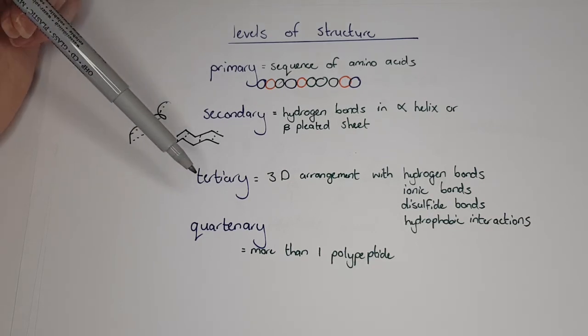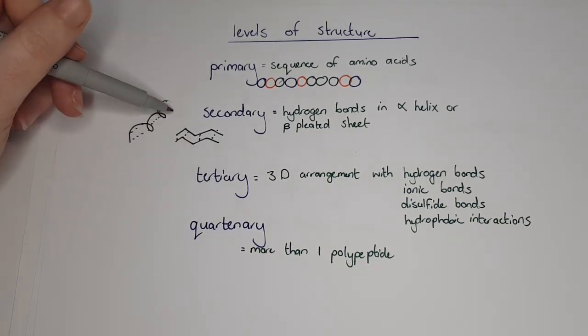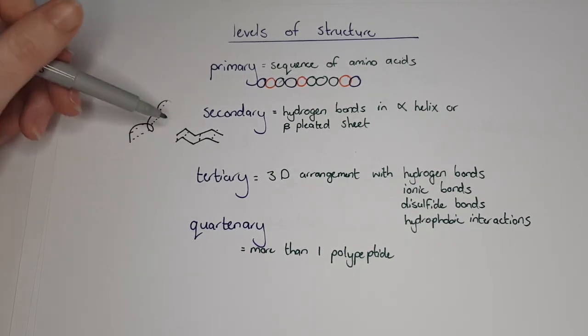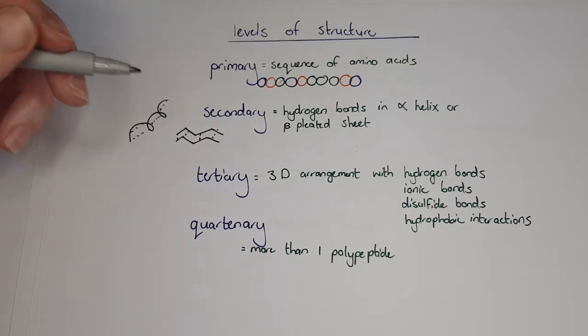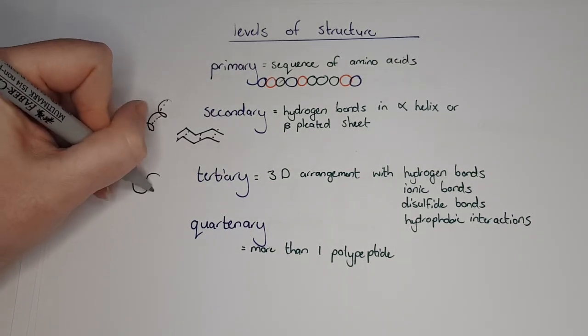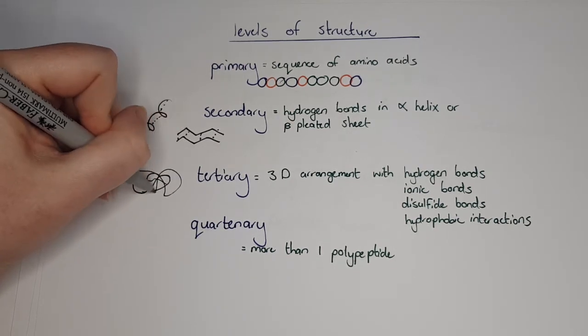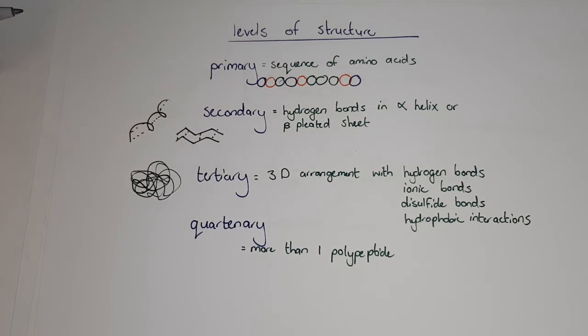The tertiary structure, which comes next, is where this alpha helix and beta pleated sheets and that folding starts to create a 3D arrangement. They start to form even more bonds with each other. And that's how we get this giant 3D structure that has a specific shape based on the sequence of amino acids.